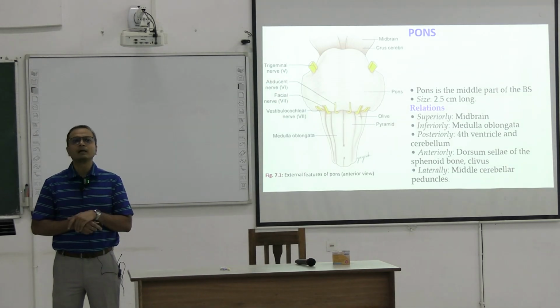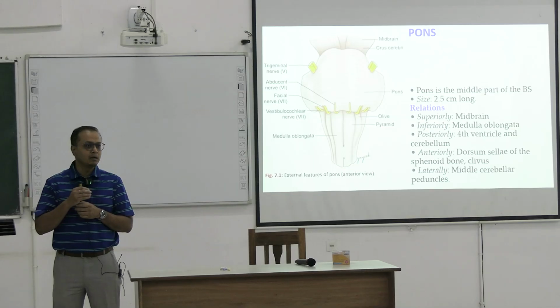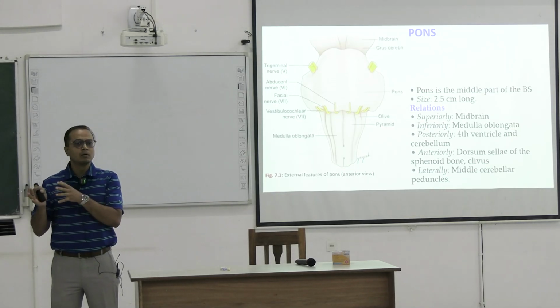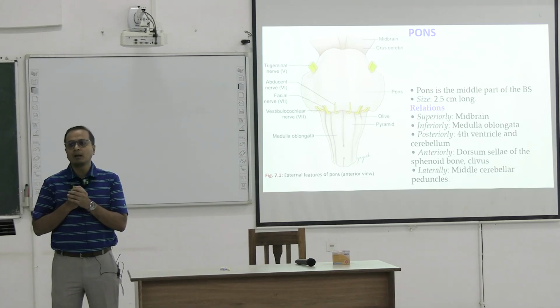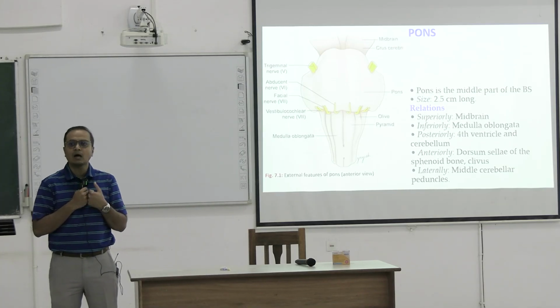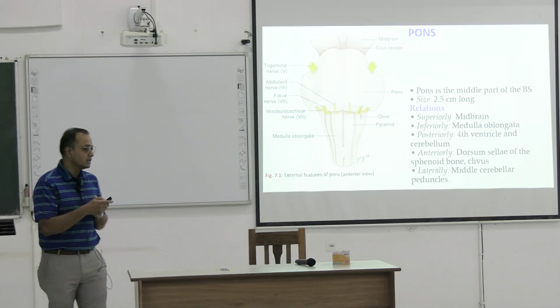There are three such peduncles, or nerve tracts. We call them the superior, middle and inferior cerebellar peduncle. They lodge into the cerebellum and bring fibers to the cerebellum or take the fibers out of the cerebellum. That's why we call them peduncles.